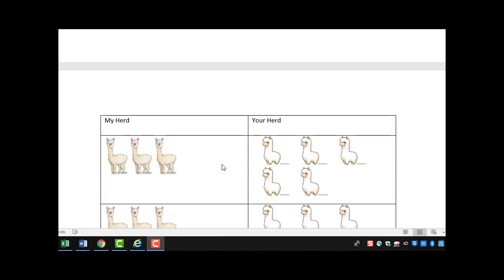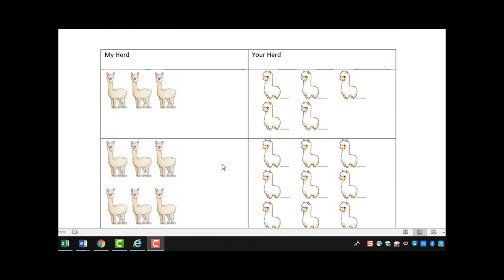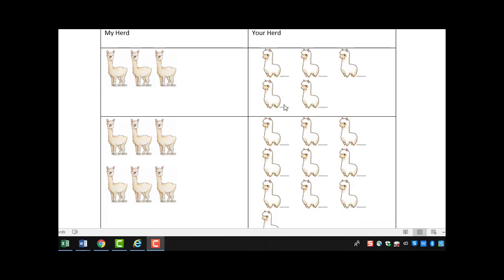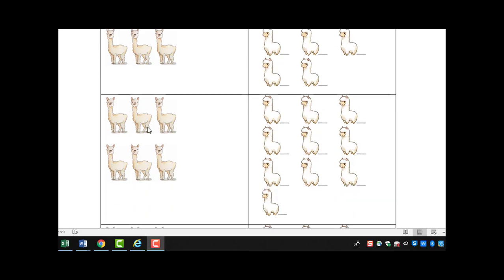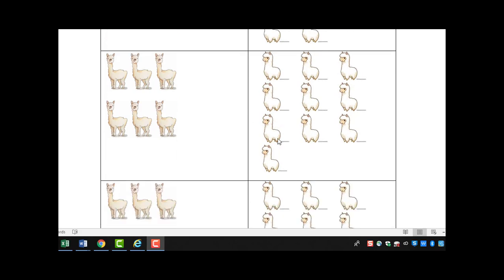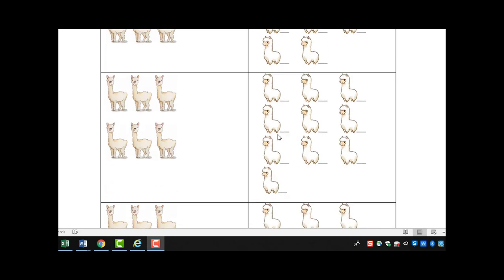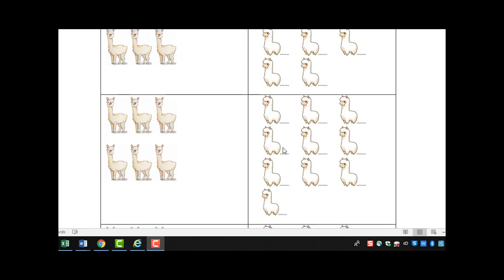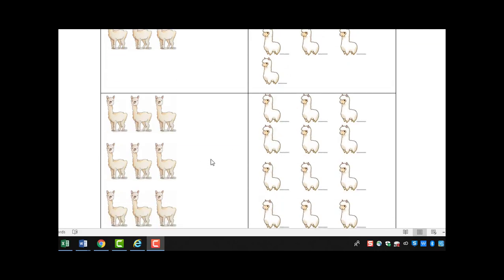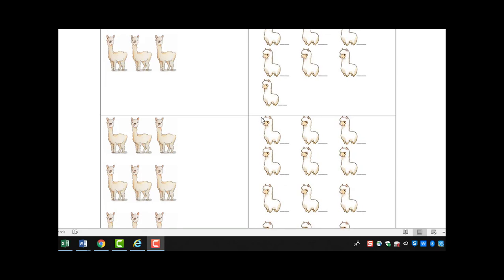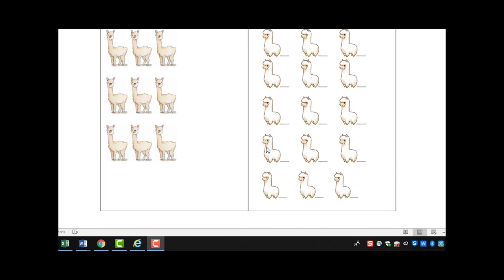So we're into our ratios now. This is what it means, just looking at it visually. If the ratio is 3 alpacas in my herd to 5 alpacas in your herd, that means the same ratio is 6 to 10, or 9 to, how many would it be? 3 sets of 5, 9 to 15, right?